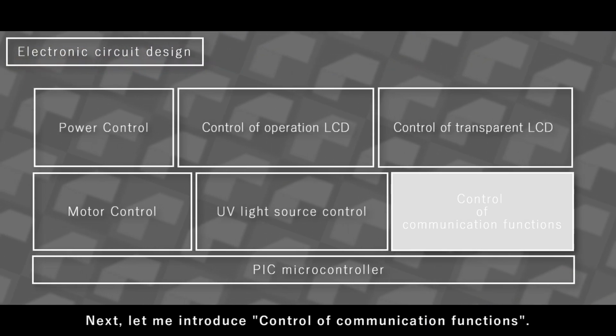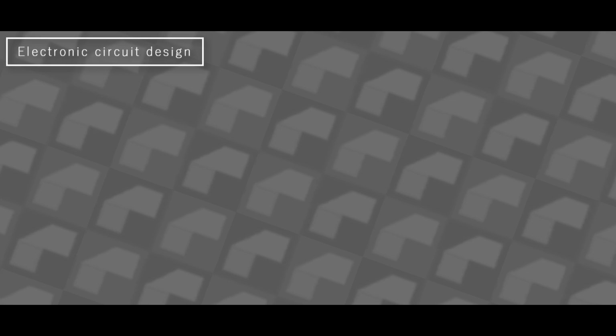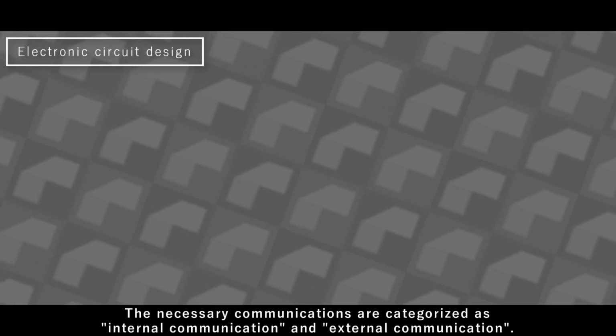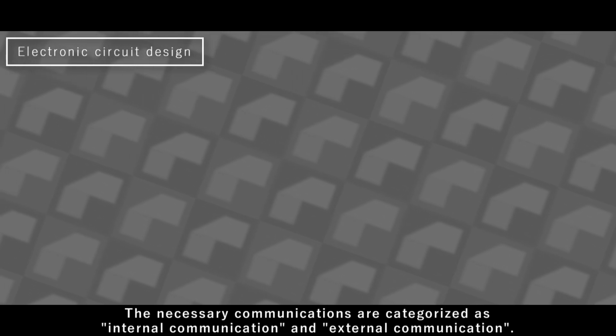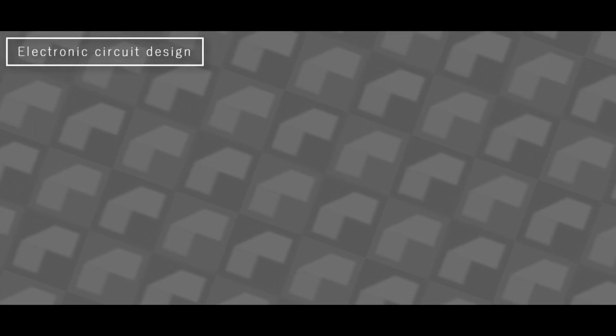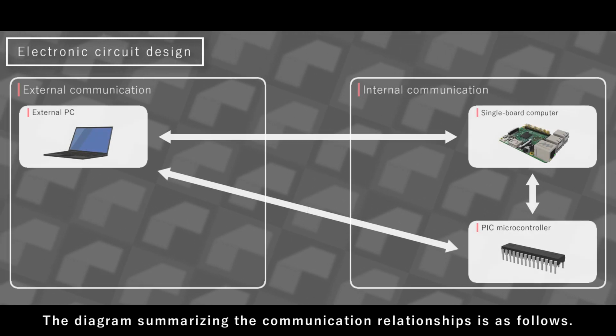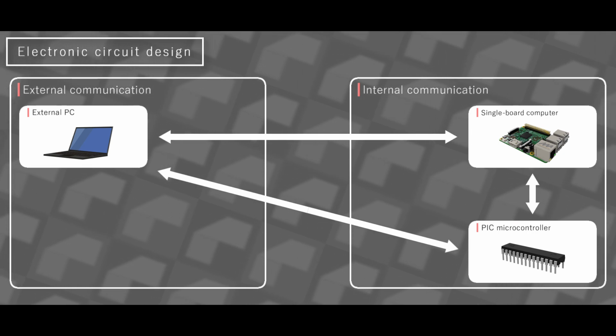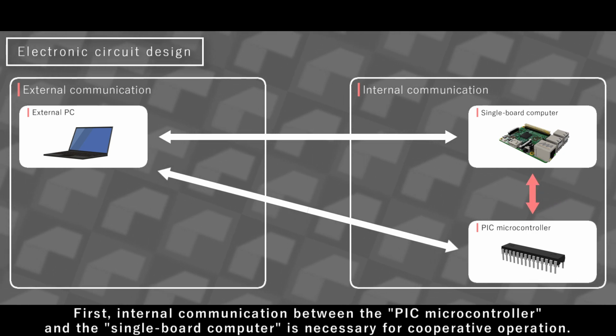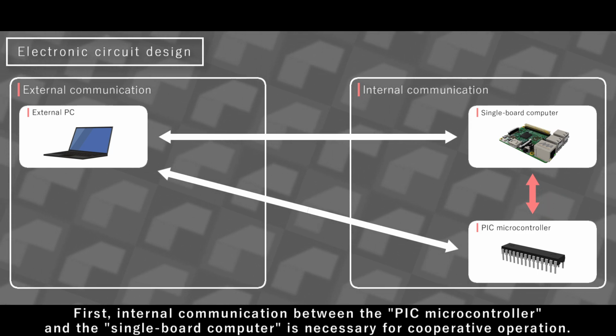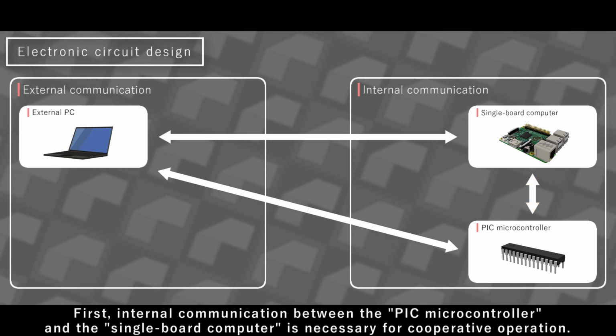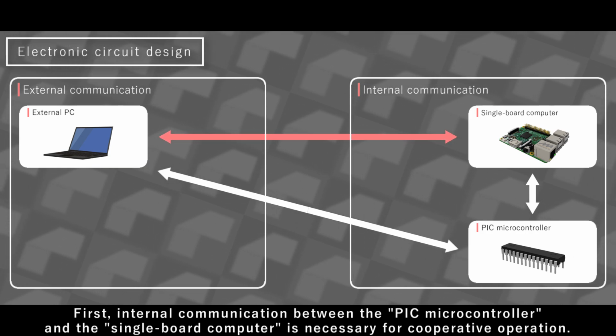Next, let me introduce control of communication functions. The necessary communications are categorized as internal communication and external communication. The diagram summarizing the communication relationships is as follows. First, internal communication between the PIC microcontroller and the single-board computer is necessary for cooperative operation.